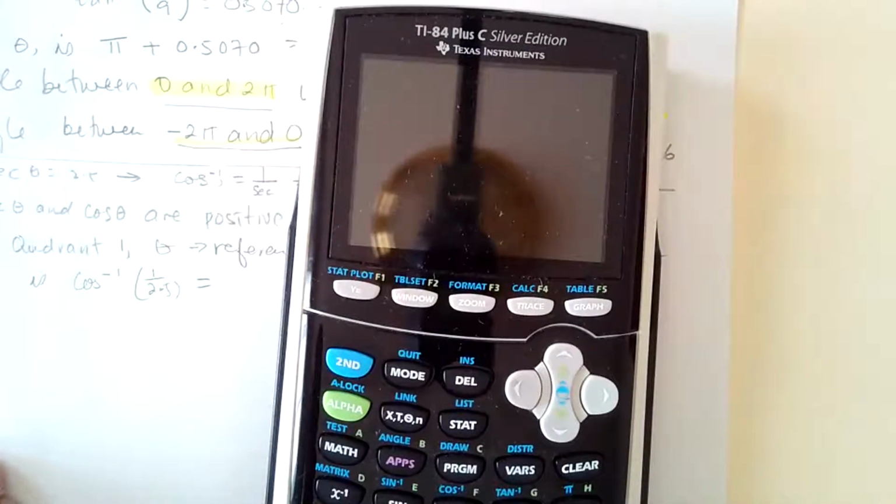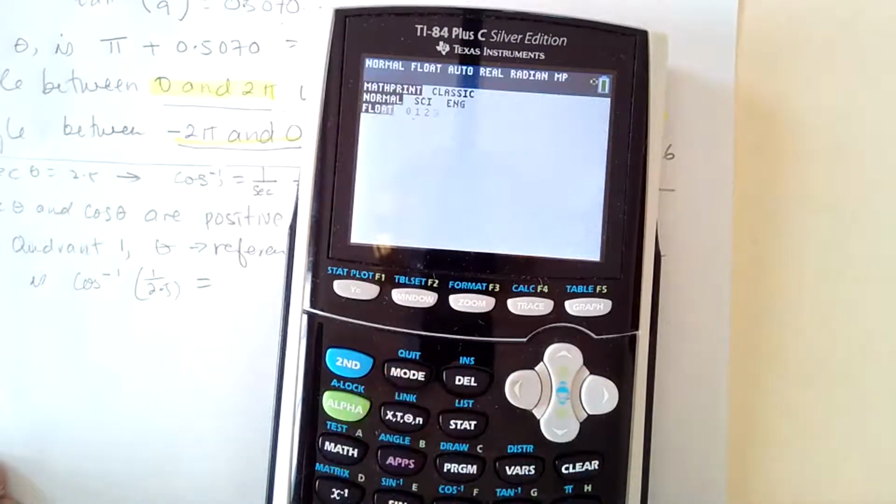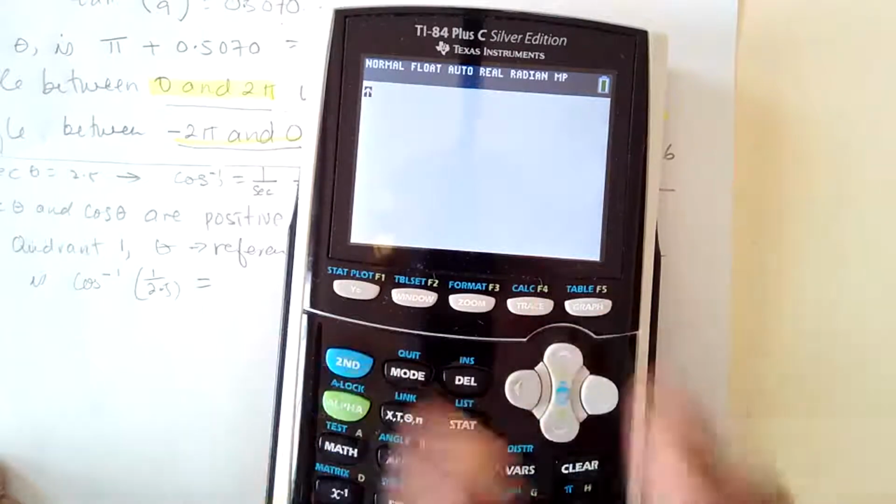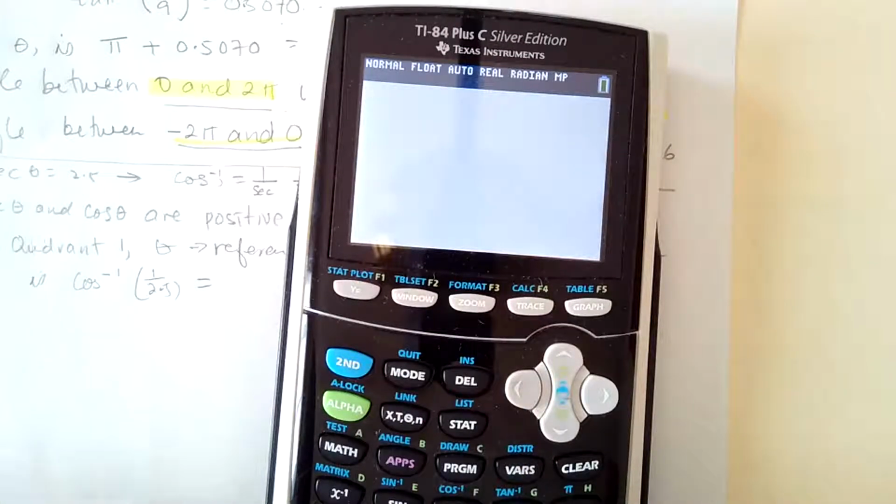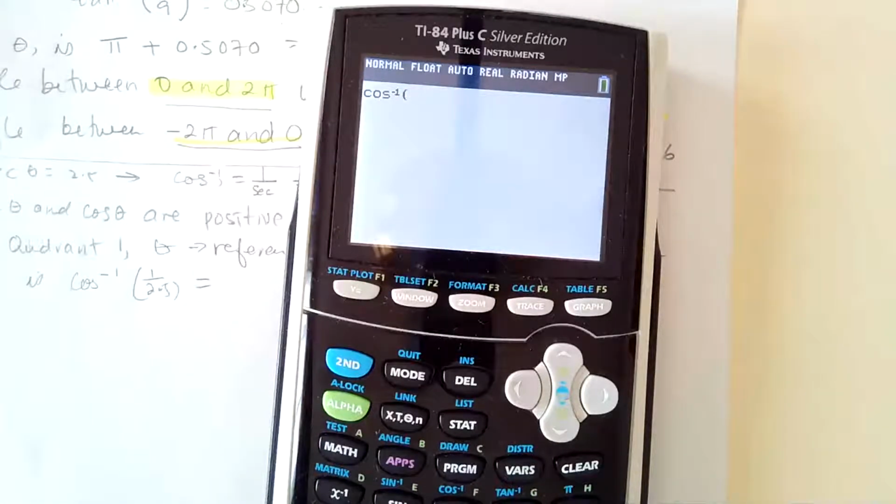We go back and make sure we're in radian mode, which we are, and clear. So we have second cos of 1 divided by 2.5.